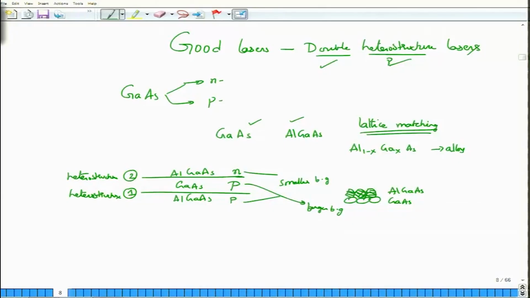What is the advantage of this? It turns out that if you look at the optical properties of this layer, let us write them down. The optical property that I am interested in is the refractive index. The refractive index here in the central region is larger, which I have denoted by N1, and the region outside I have denoted by N2.